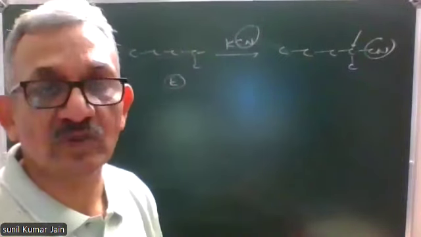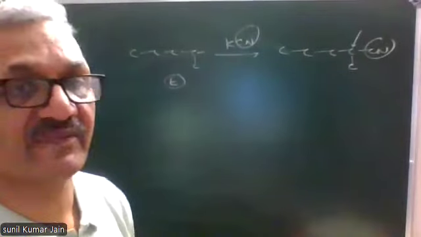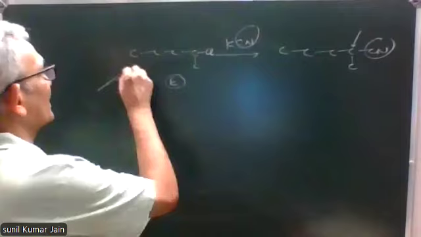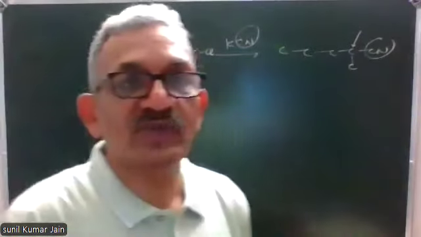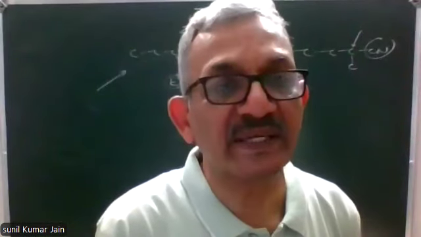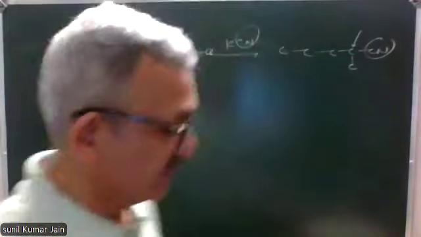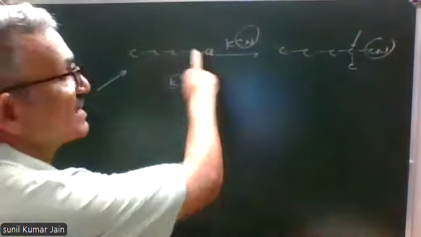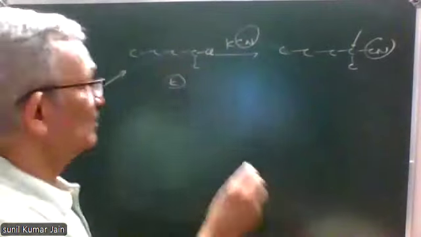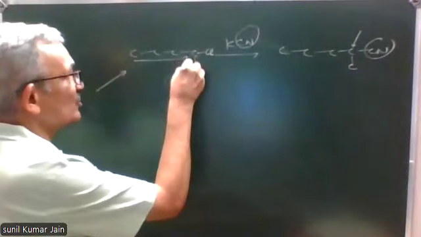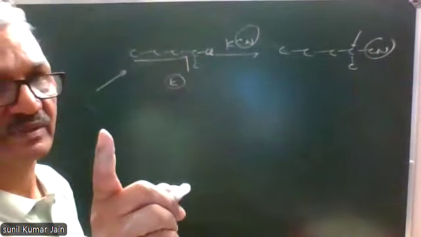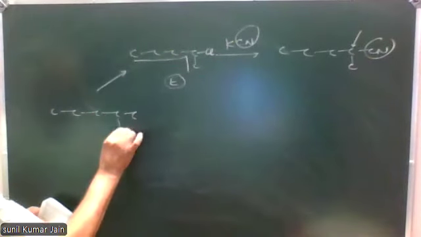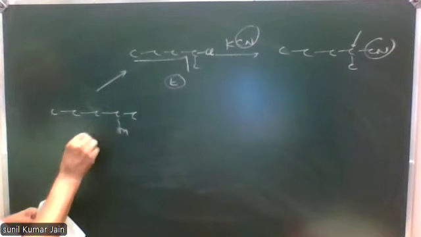If you look at the previous arrow, it is PCl5. PCl5 means chlorine is present here. What reacts with PCl5 to give chloroalkane? It's an alcohol. It means B should be an alcohol with OH group at the same carbon atom. And one thing more, this is a straight chain of 5 carbon atoms. So this is 2-pentanol.